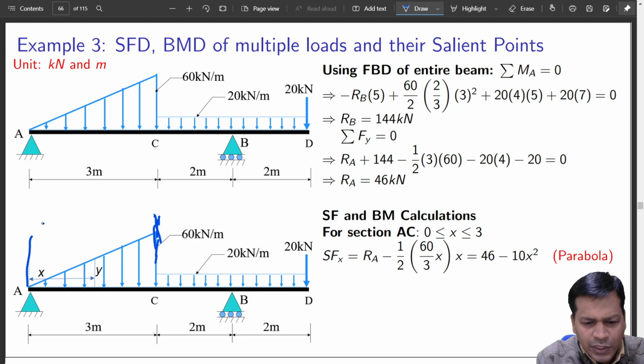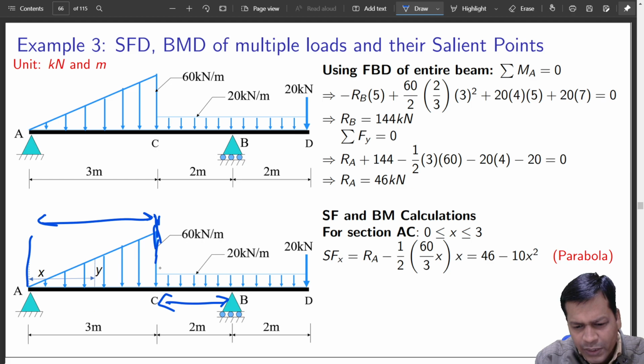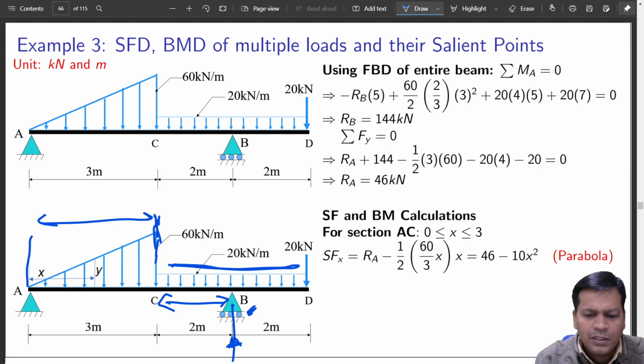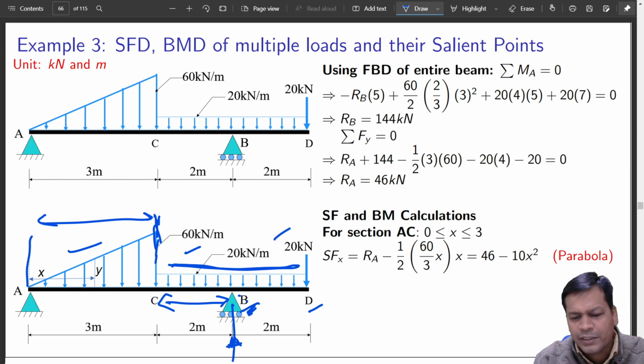So this is from here to here one, and from here to here another. Although the loading is uniform for the whole span, there is a downward load in between due to the reaction at B, so I have split it in another half. C to B is another, and B to D will be another one. So in total there will be 3 sections.